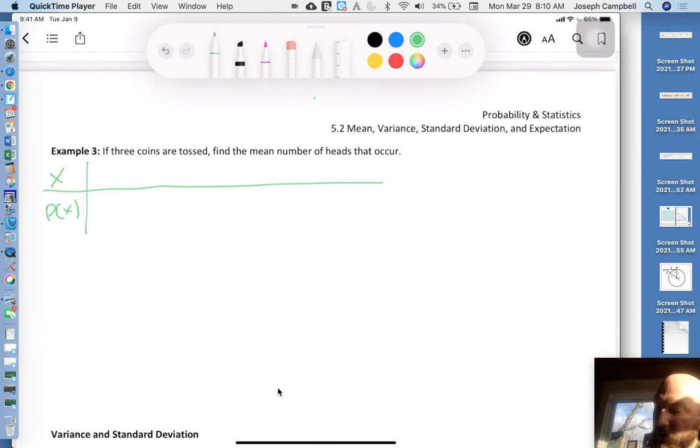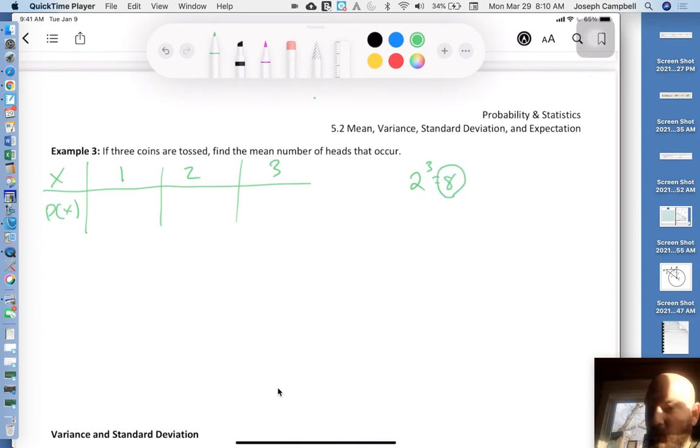Remember, if we toss 3 coins, you can have 1 head, 2 heads, or 3 heads. Do you remember the probability associated with each? Well, how many possible outcomes are there? There'd be 2 possible outcomes to the power of 3. So we have 8 possible outcomes, remember?